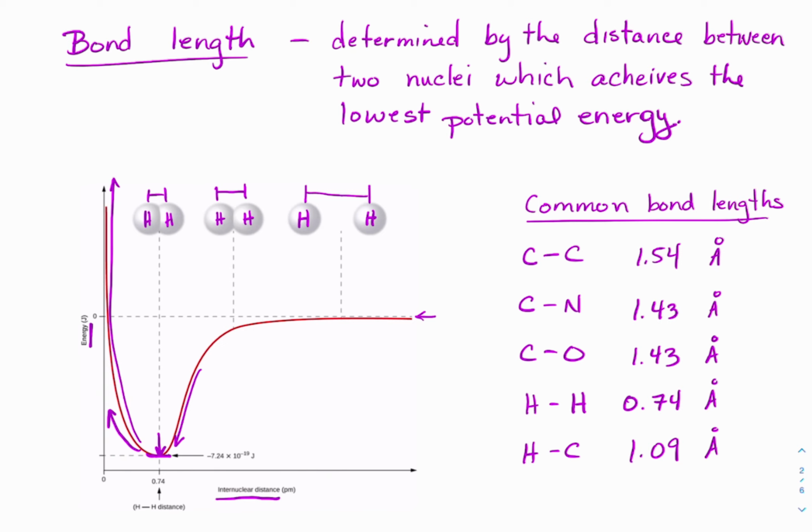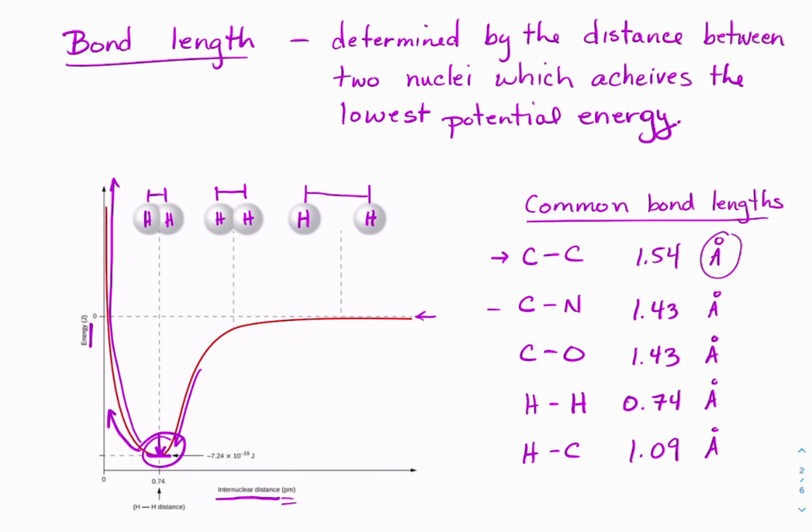So what we tend to do is determine this particular value for each type of covalent bond between different types of atoms. Over here on the right-hand side are some common bond lengths. The bond length between a carbon and a carbon atom is 1.54 angstroms. And angstroms is another unit of measuring distance that is equivalent to the picometer that you see down here on the x-axis of that graph.